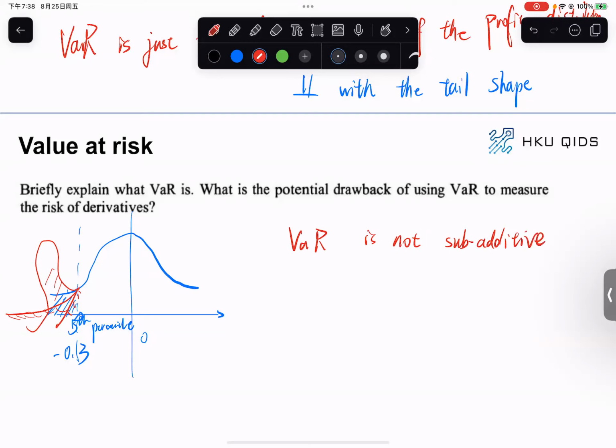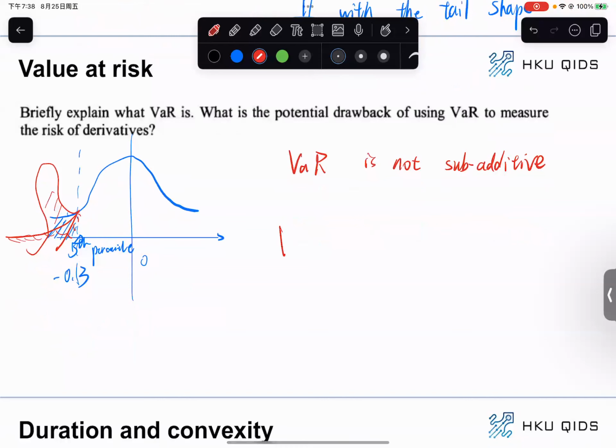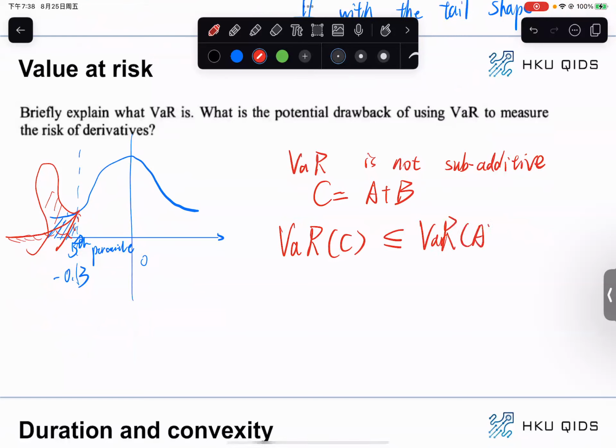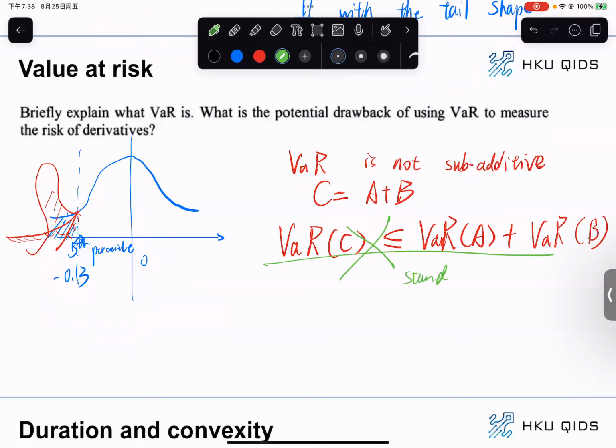Which means in our classic portfolio theory, we always want, if C is combined of A plus B, that VaR of C should be smaller than or equal to VaR of A plus VaR of B. But this argument actually does not stand for VaR.